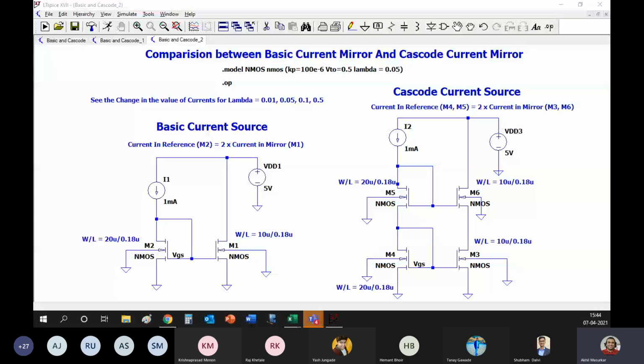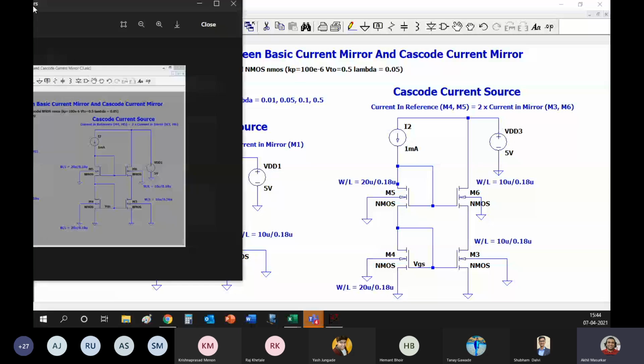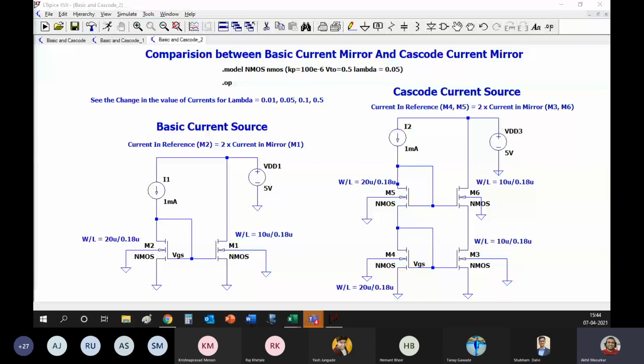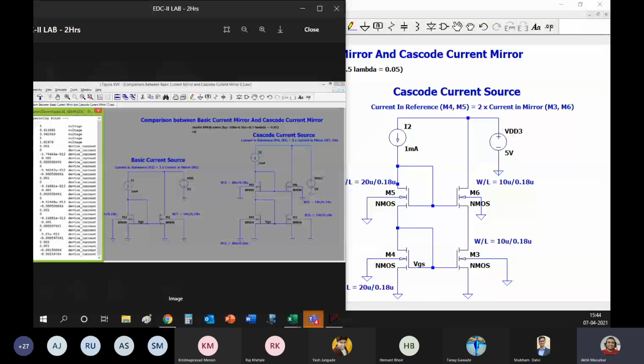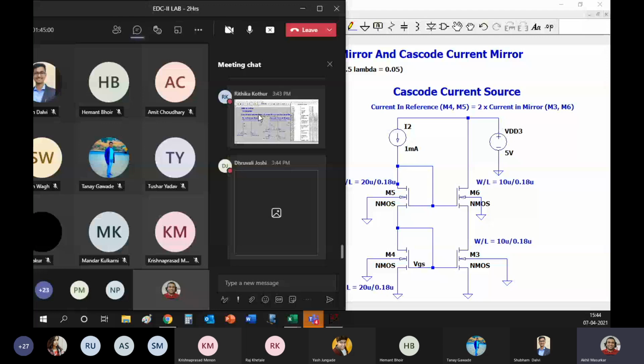So the way Harsh has shown us the output, I would like to see the output this way, that circuit and the values right next to it. Okay, good. Okay, Ritika also has done it properly. Good, we are getting 0.5.